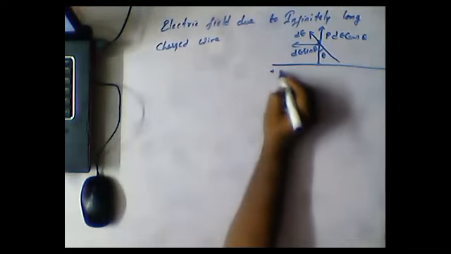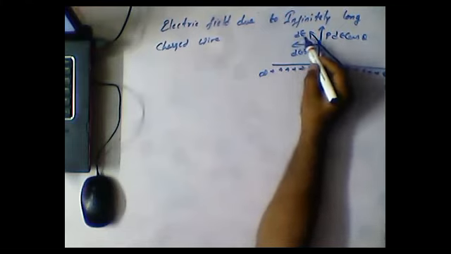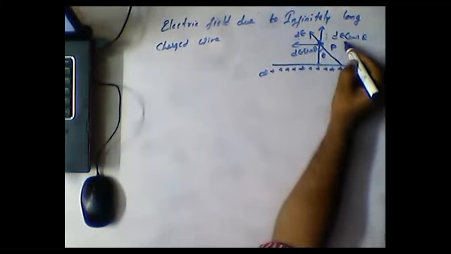The starting limit is 0 and the ending limit is infinity. At point P, the electric field vector dE is resolved into two components, dE cos theta and dE sin theta.